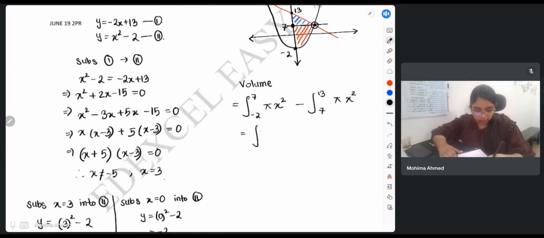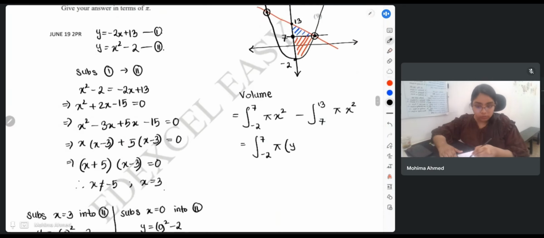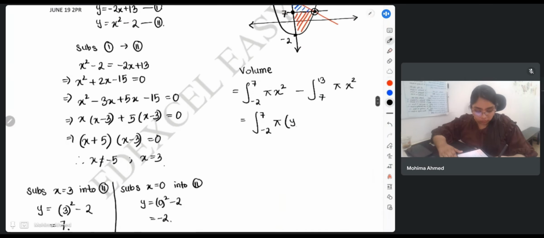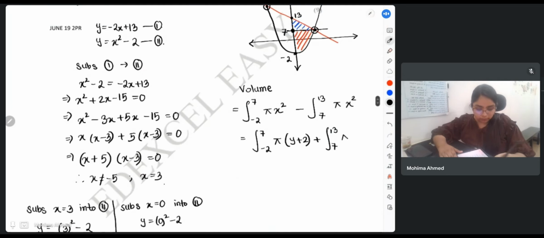So which will look like 7 to -2, pi. For x squared, from this equation, if you just make x squared the subject, that will be y plus 2, right? So you have y plus 2, plus 13 to 7, pi.